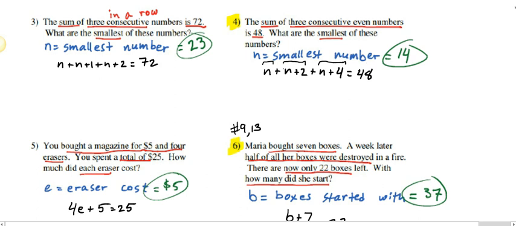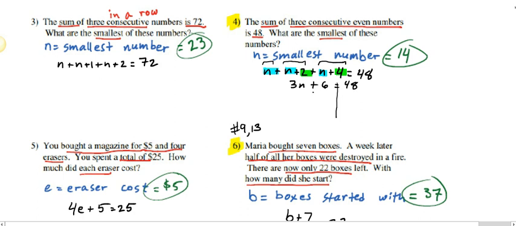Well, to solve this, let's first combine like terms. I see 1, 2, 3 n, so that'd be 3n, and we can combine some whole numbers. That's 2 and 4, that's plus 6 equals 48. Now it's just a two-step equation that we've been working on.